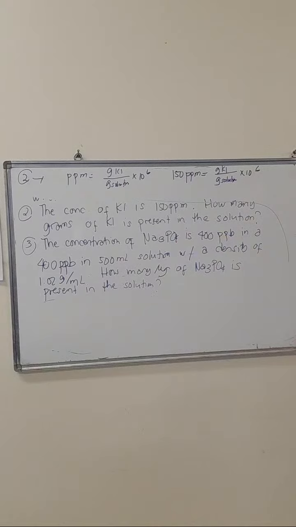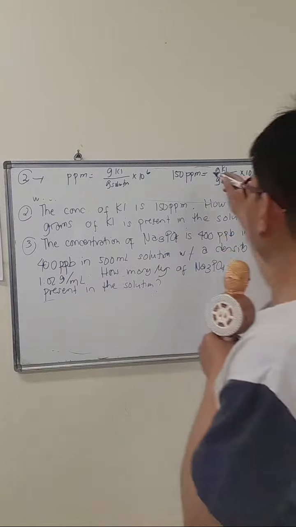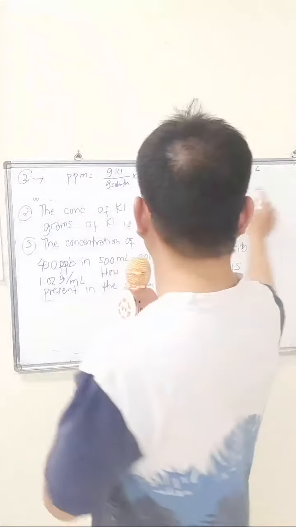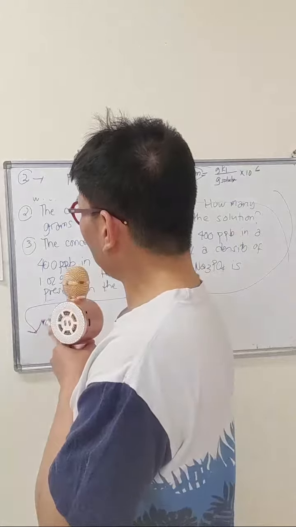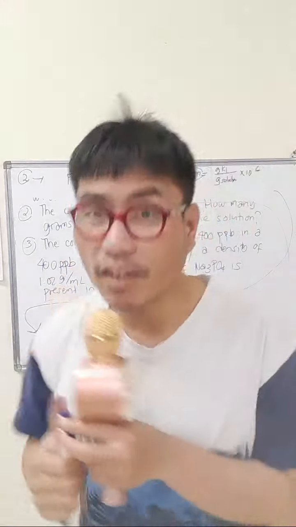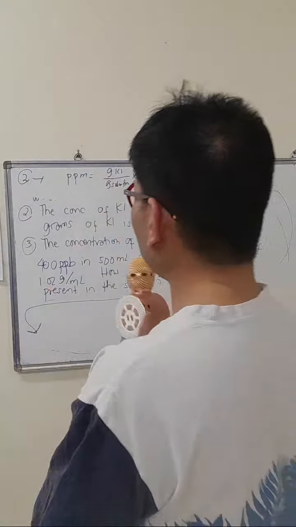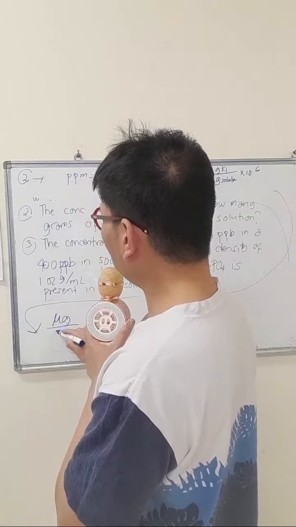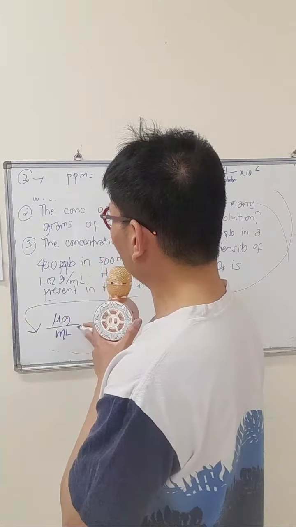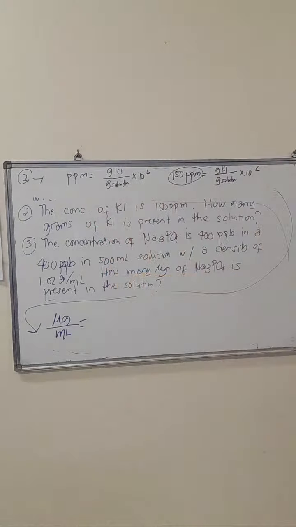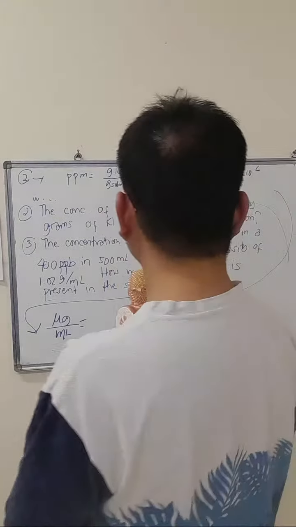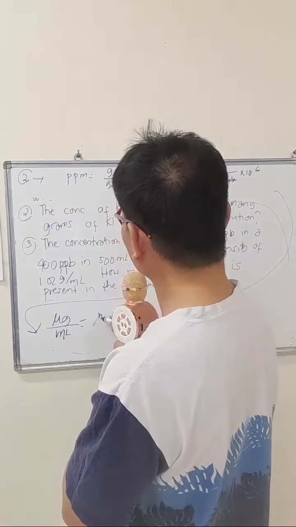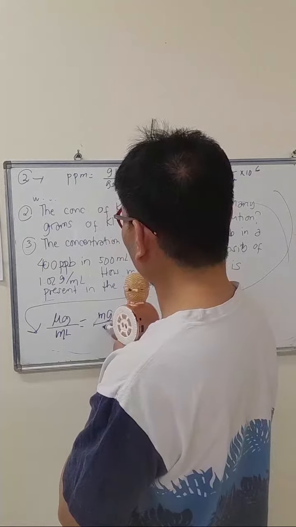So, let's try to equate this first, the parts per million. Parts per million, according to theory, apart from the standard formula, is equal to micrograms over milliliter, and it's also equal to milligrams per liter.